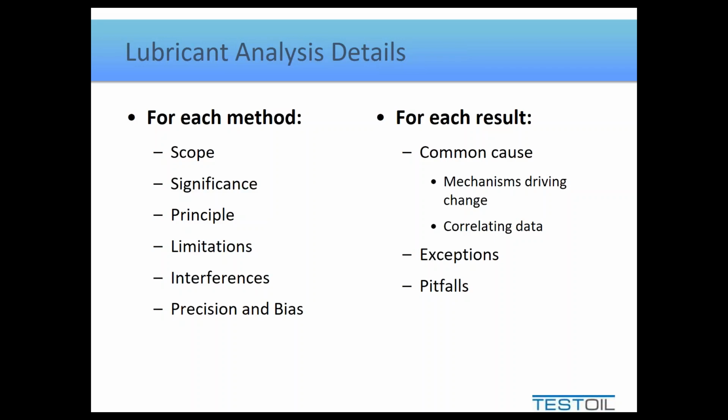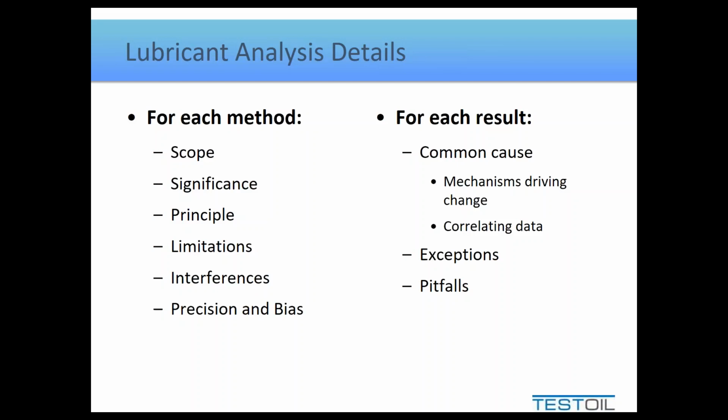There are many times where a test can't tell you what possibly you think it will tell you, so I like to make sure that we clear that up. Also, where possible, I'll provide the precision and bias statements, again, usually directly from ASTM, so you understand just how far into the results you can interpret the data. You know, is it accurate to the nearest whole number? Is it accurate to one decimal place?